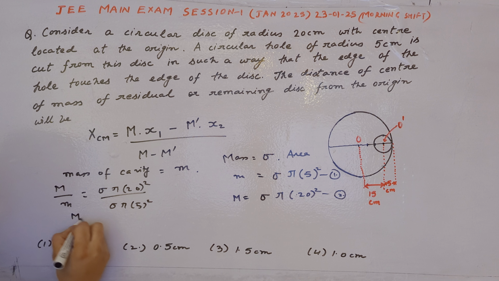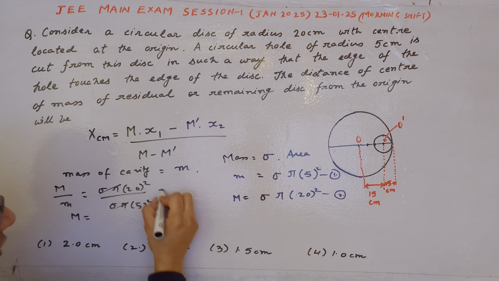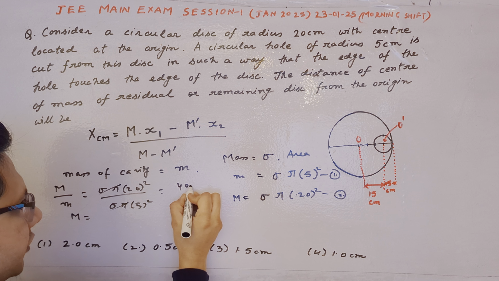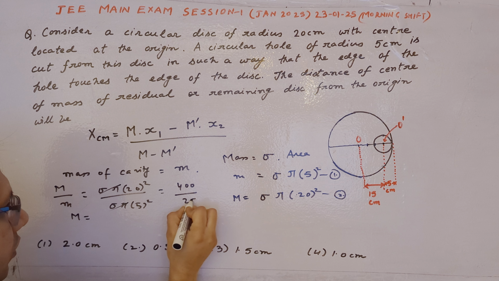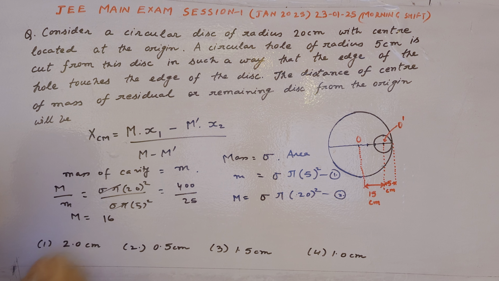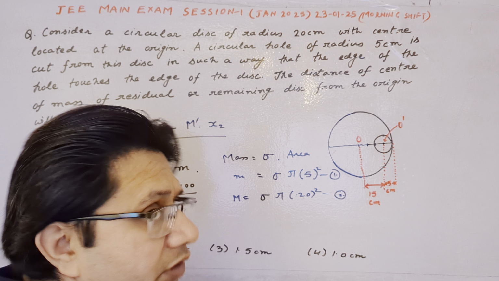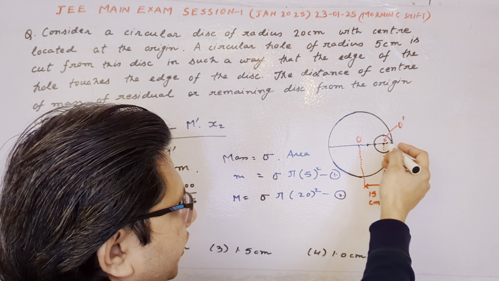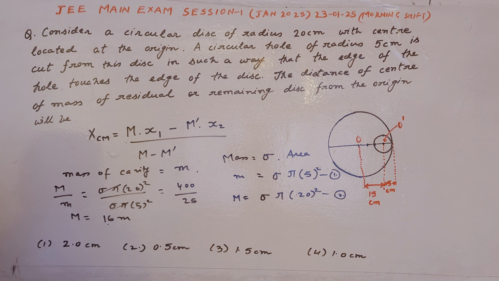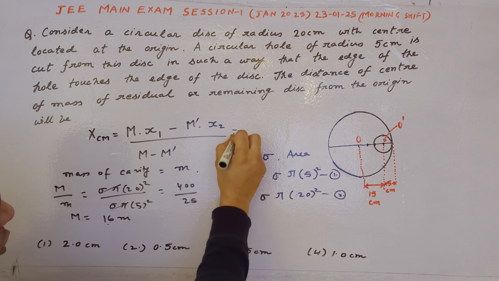Now sigma pi cancels with sigma pi, and 20 square is 400 upon 5 square is 25, so this comes out to be 16. Cross multiplying, capital M is 16m. So the mass of the whole disc without creation of cavity is 16m. Now we have to put these respective values here.